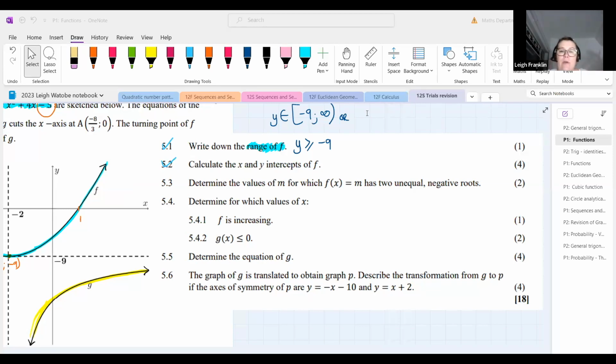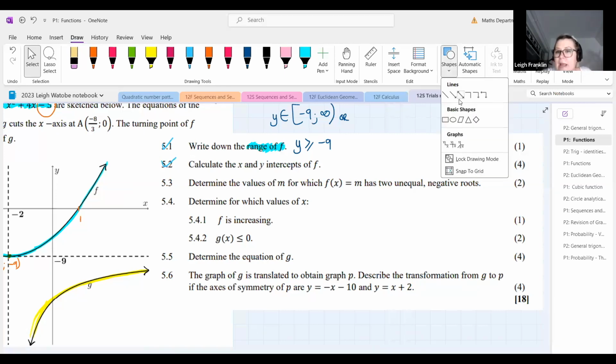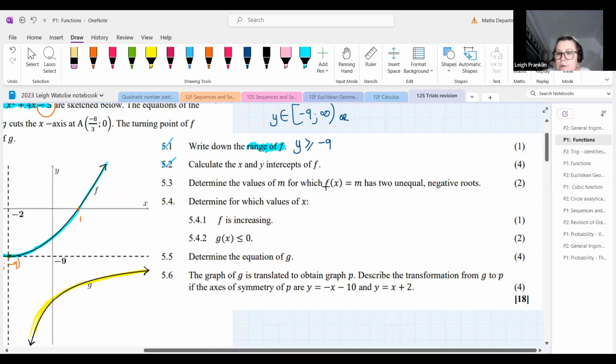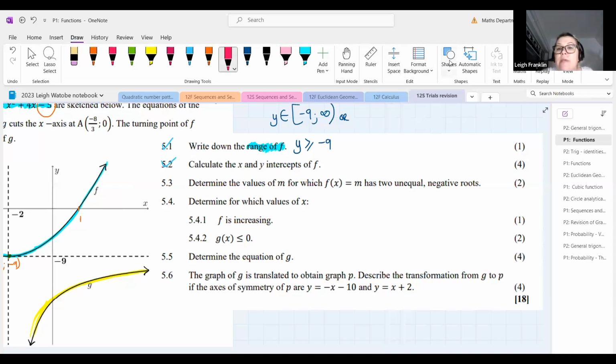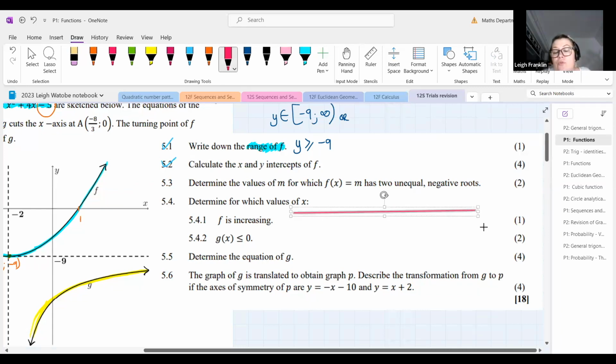So it's a simultaneous solution. This is y, f of x is y, and m is y. So what they are implying here is that there is a simultaneous solution between the graph of f of x and a straight horizontal line, okay, because it's y equals m.